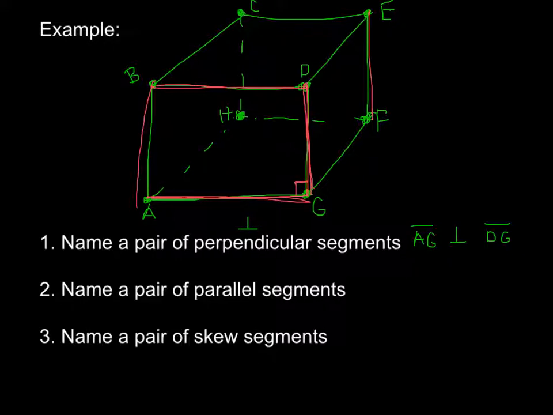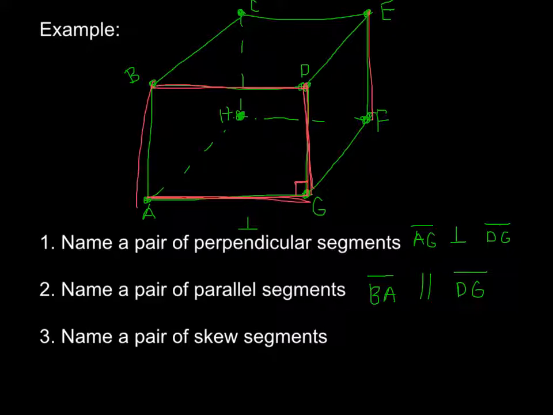I could pick ones in the back, on the side, on the top, lines on the bottom. There's lots of options. I'm going to pick segment BA is parallel to segment DG. Line segment, I apologize. Segments BA and DG.